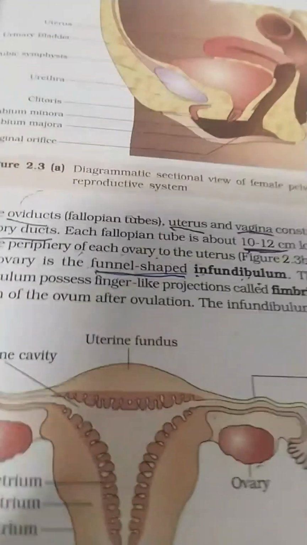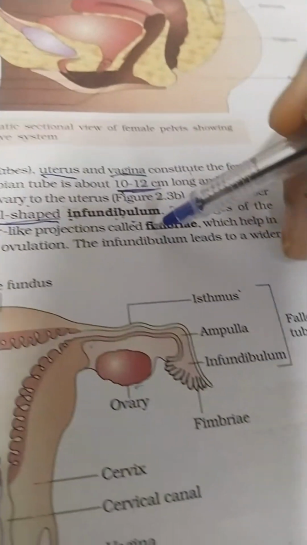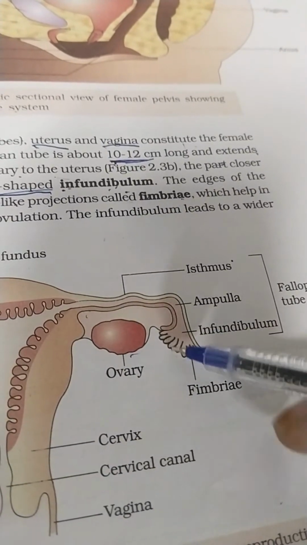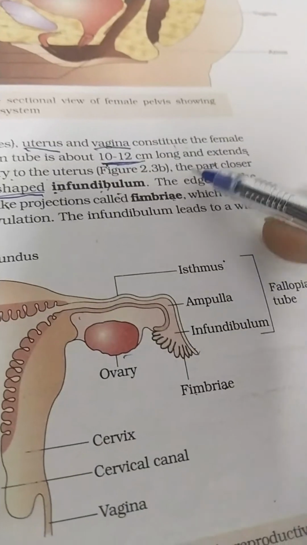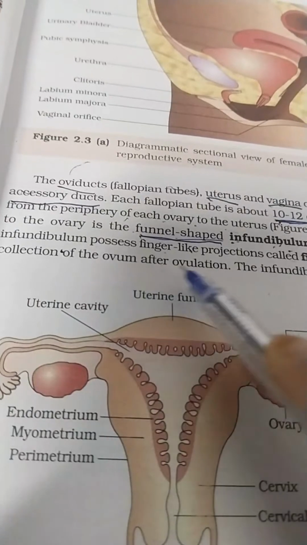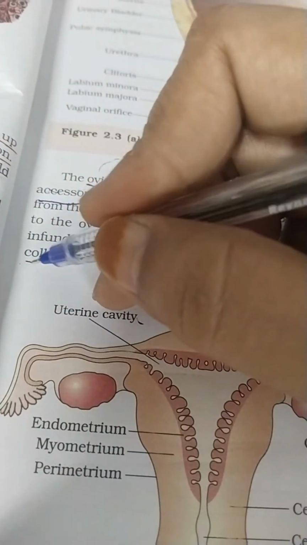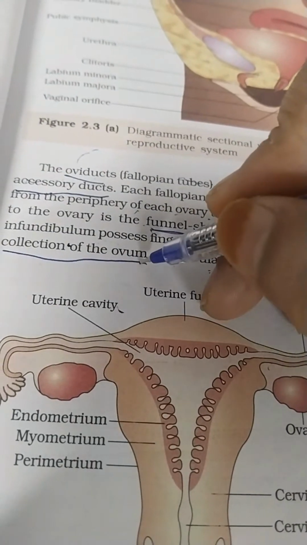The edges of the infundibulum possess finger-like projections called the fimbriae, which help in collection of the ovum after ovulation. So who is going to do this process? That is nothing but the fimbriae.